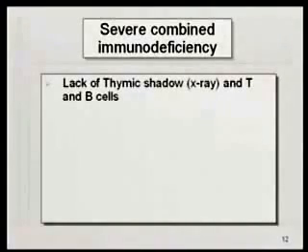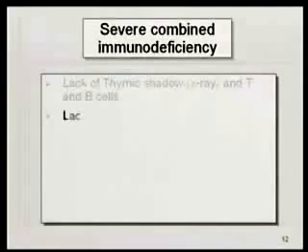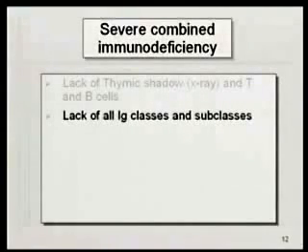So as a consequence of having no T cells, there will be a very small shrunken, rudimentary thymus, and therefore on X-ray it's not going to show up. There will be lack of T cells as well as B cells, so even secondary lymphoid organs are going to be very poorly developed. And you will see in a little while some histological slides.